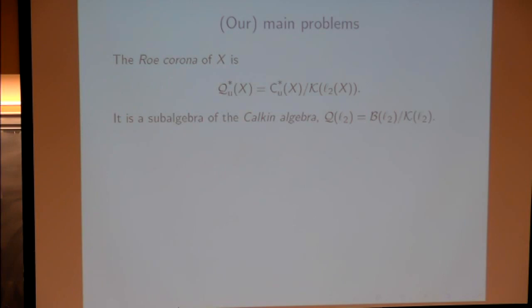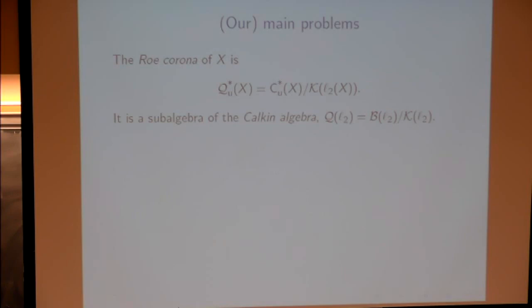The Calkin algebra is quite important in KK theory and in different applications of operator algebras. But it's also very unruly in many ways that are going to show up a little bit later on.